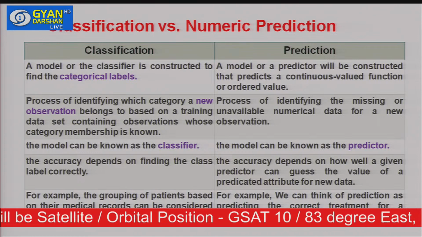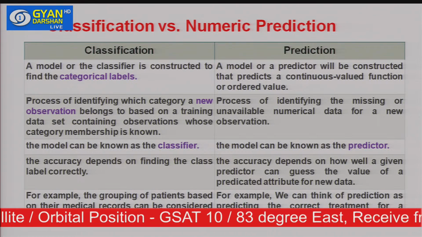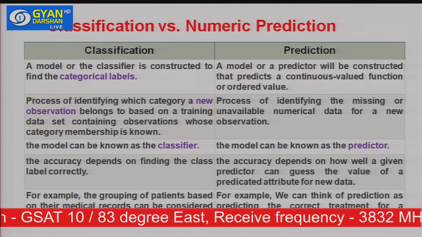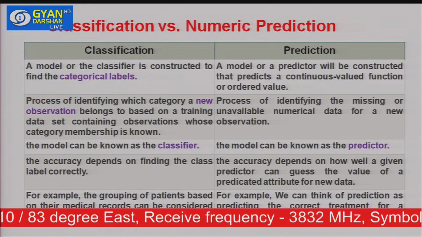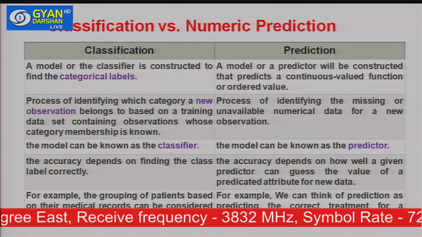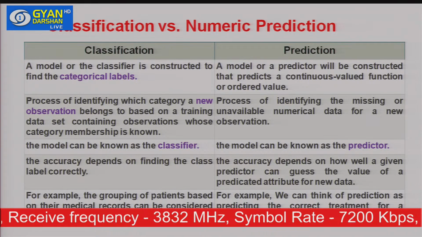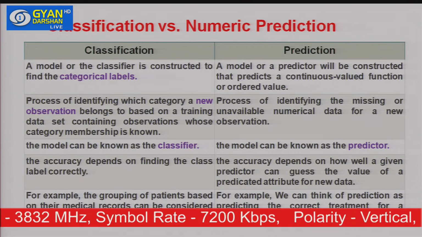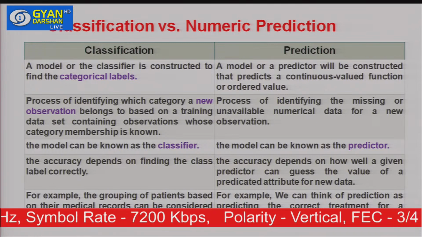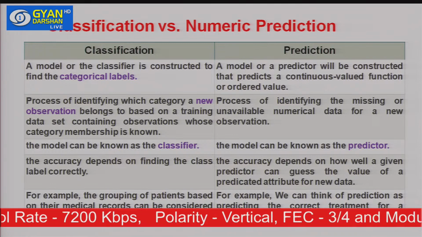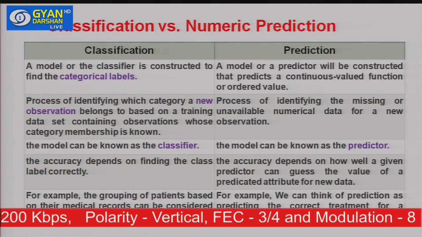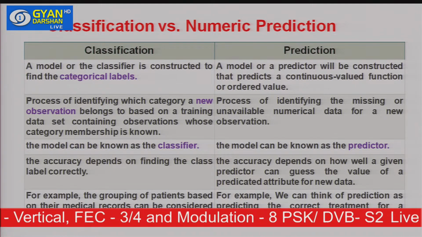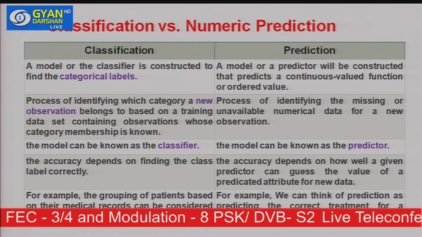Categorical labels, where it's not a number here. Whereas in prediction, a model or predictor is constructed based on a continuous value function or some kind of ordered value. You have a numbers system there, and based on those numbers you build this model or predictor here. That's the reason we call it a predictor in case of prediction. In case of classification, it is known as a classifier here.